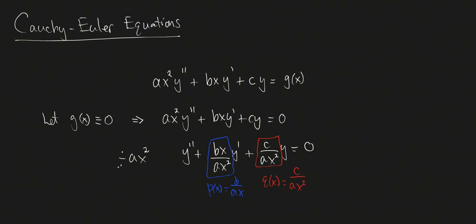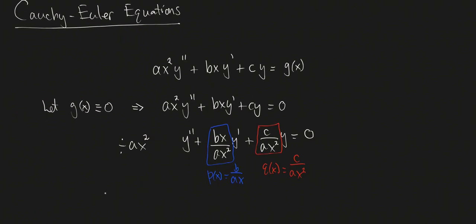Now, the existence and uniqueness theorem requires that these functions be continuous, right? So we don't have to worry about the 0, because this is a constant, and constant functions are always continuous. The problem is we have the b over ax and we have the c over ax squared.